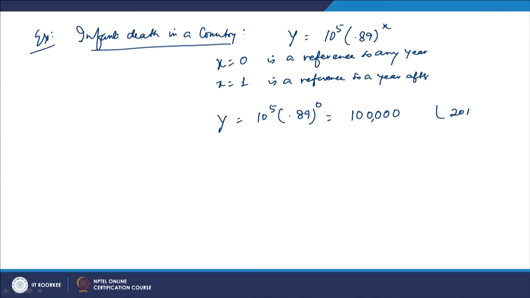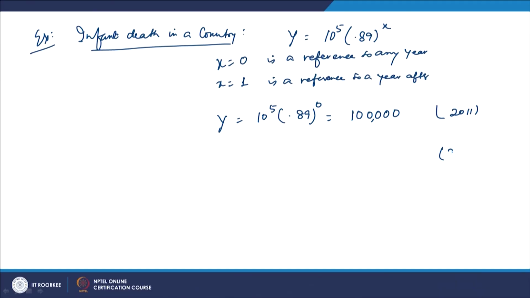Now, suppose in a particular year, say 2011, you have calculated the infant deaths in the country. If you want to calculate for 2014, then x will be plus 3 from 2011 onwards.